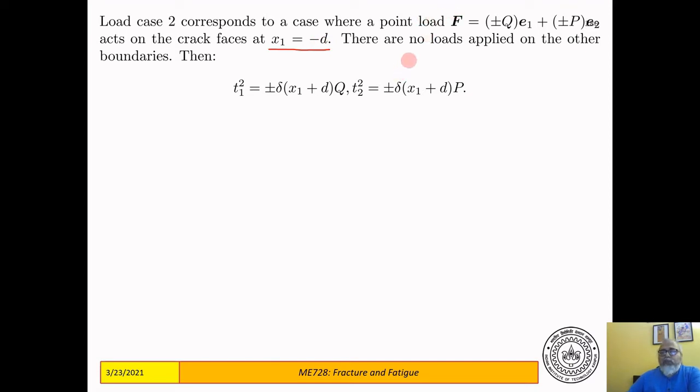This concentrated force, using delta functions at x1 plus d, can be expressed as a distributed traction. This distributed traction can be written as plus minus delta of x1 plus d, which is non-zero only at x1 equal to minus d and 0 everywhere else, times Q.